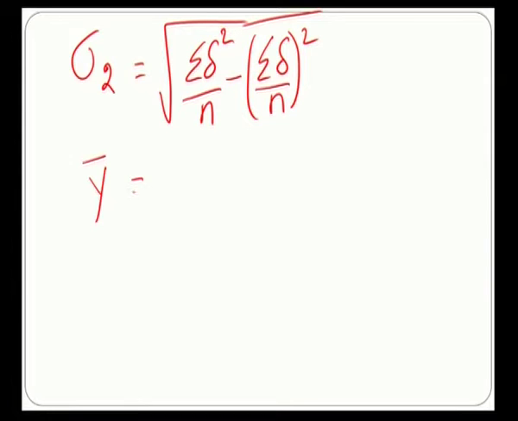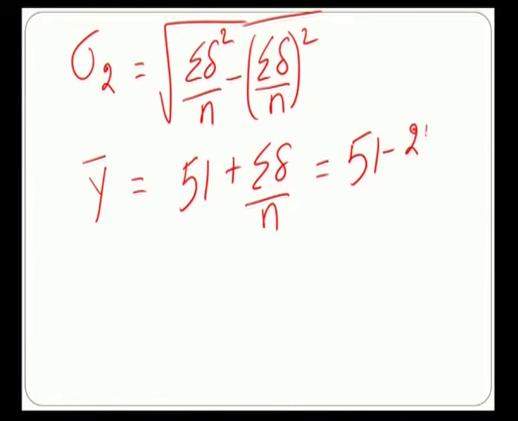The arithmetic mean of the batsman B is y bar is equal to 51 plus summation of delta over n, which is equal to 51 minus 240 over 10, which gives the value of 27. So, arithmetic mean of batsman B is 27.